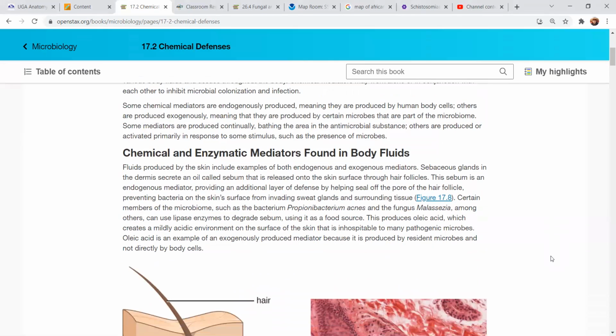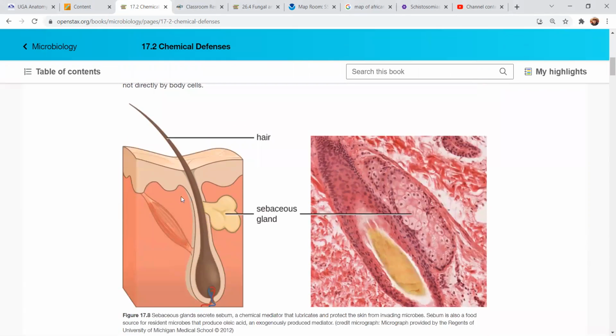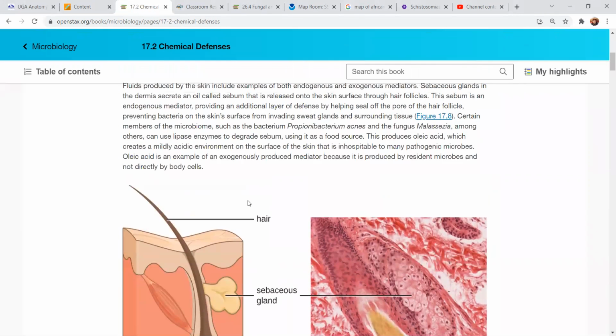So if we look at some of these chemicals and enzymes, if we look at the skin, okay, so we've already looked at the skin as a physical barrier, but we have sebaceous glands or the oil glands that are secreting sebum that is released onto the skin surface through hair follicles. It's an endogenous mediator, basically just sealing off that hair follicle to try to prevent microbes from getting down in there.